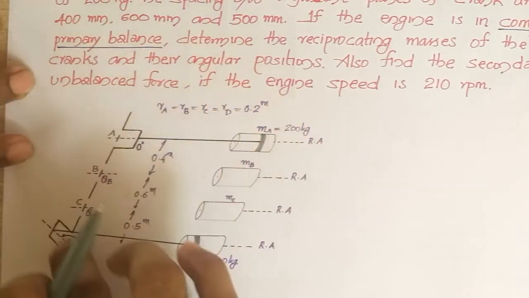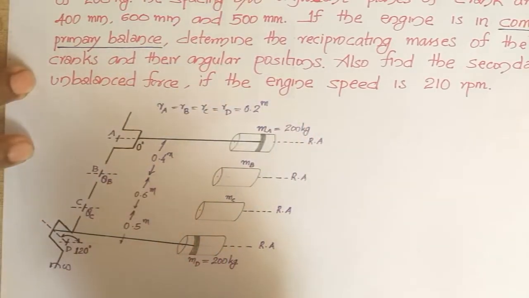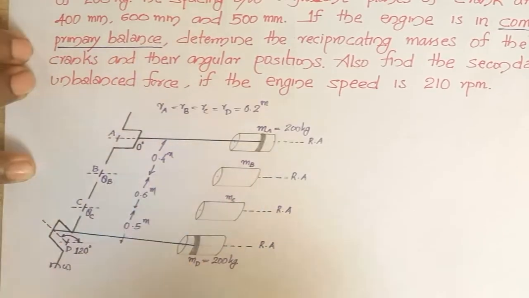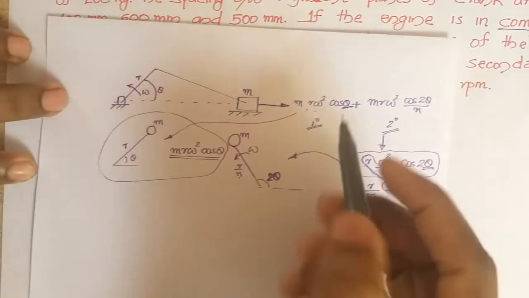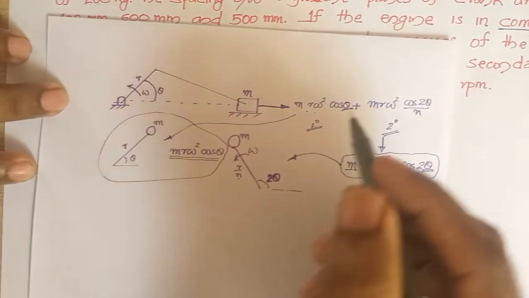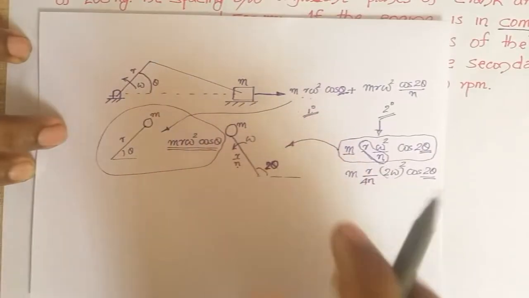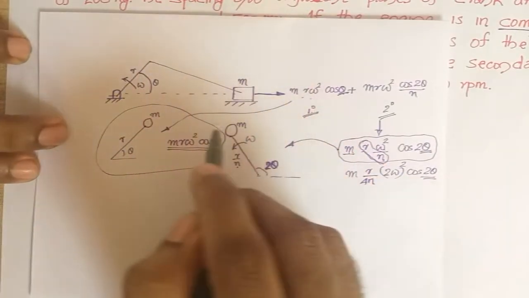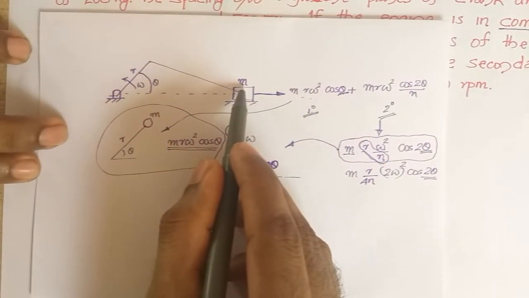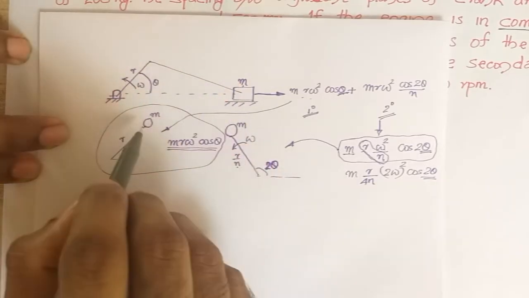So this is the complete arrangement of this multi-cylinder inline engine, a 4-cylinder engine. Here it is mentioned that the engine is in complete primary balance. So complete primary balance of each cylinder will be considered by placing the reciprocating mass at the crank pin.